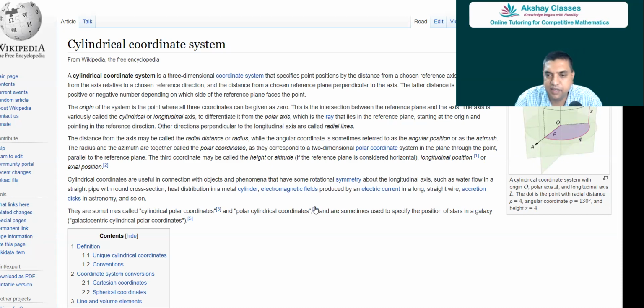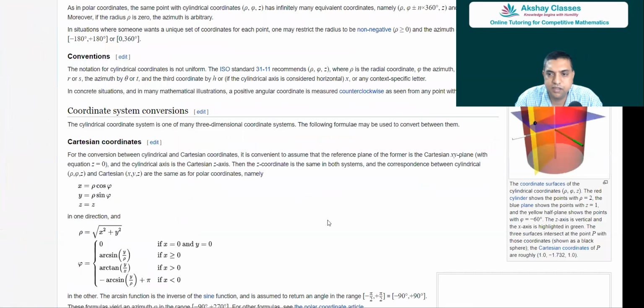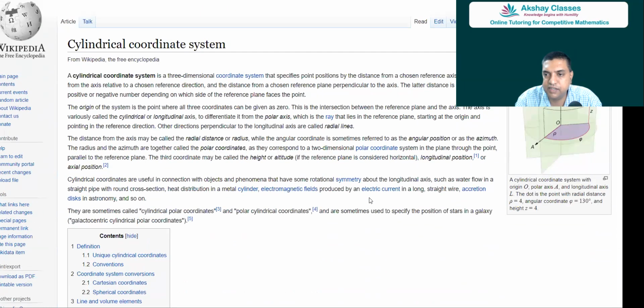This is the cylindrical coordinate system. Polar coordinates in one plane, r theta, but it has z, so it is like a cylinder.